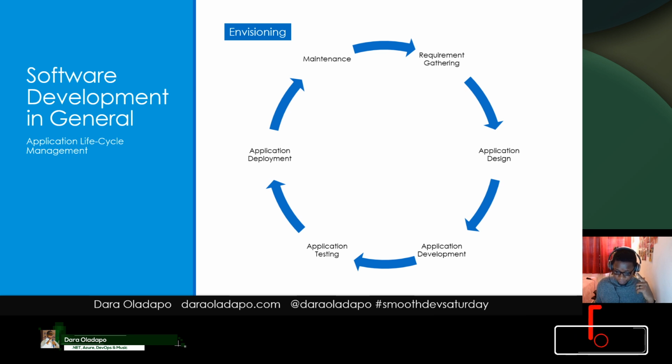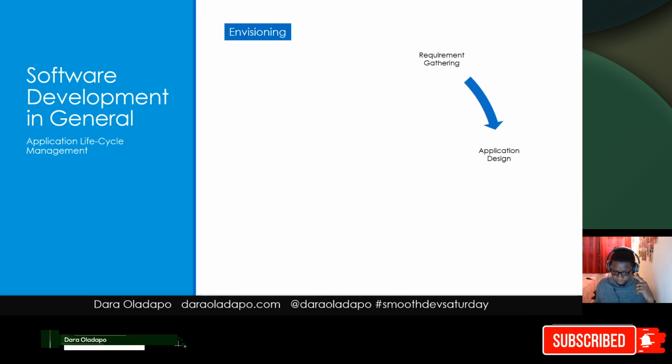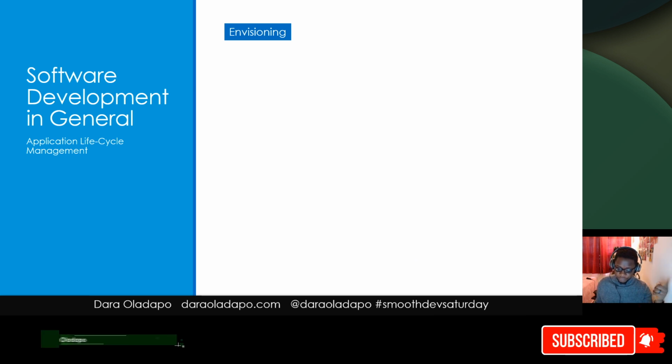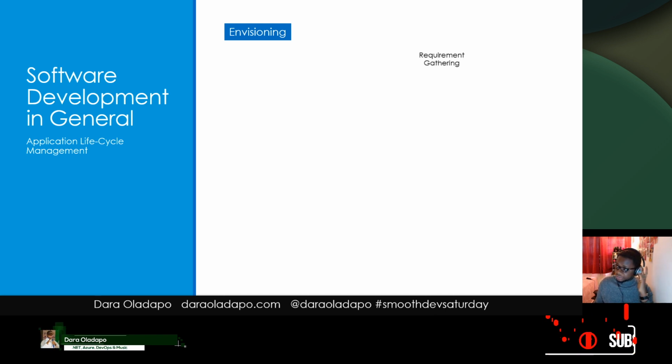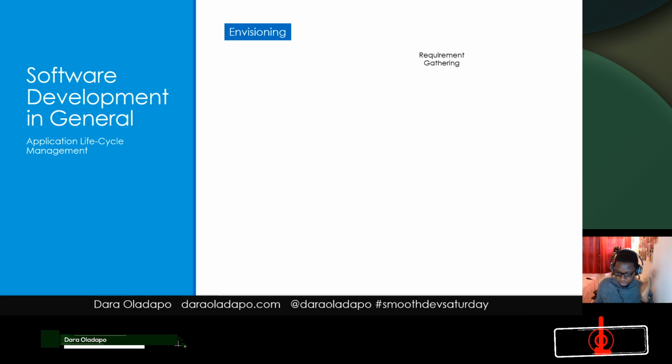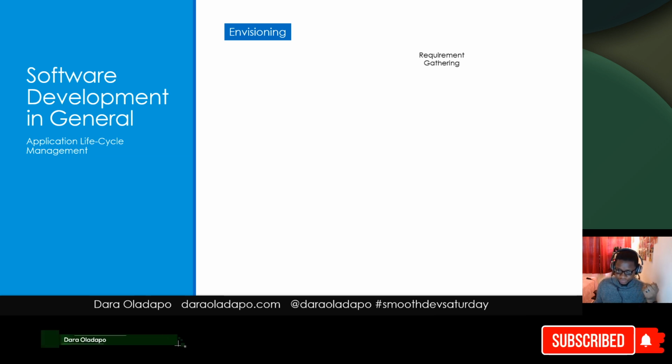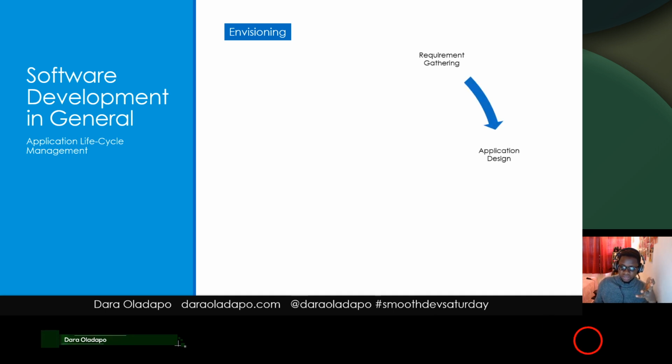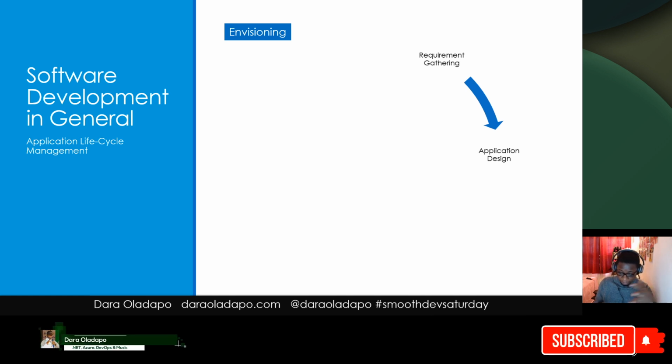Remember, first, envisioning, where you get the idea for the application. Requirement gathering, where you decide the stakeholders and everybody that's supposed to be involved in developing and using the application. And of course, designing the application, where the architect comes in to plan out every single component that's supposed to make the application function properly.